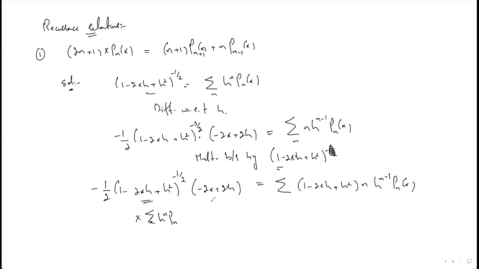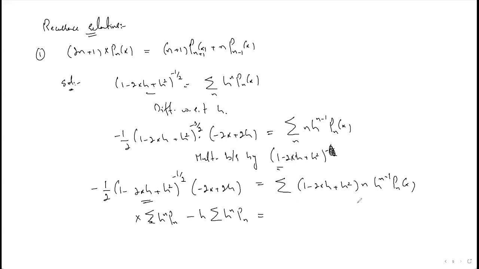For this term, 2 and 2 will go, minus into minus will become x into h raised to power n pn. Okay, minus now this 2 and 2 will go, it will be h into summation over n h raised to power n pn. तो ऐसा समझिए h raised to power n pn, these two terms I first multiplied with this, but I know this term is equal to this, so I can write down this similarly here.